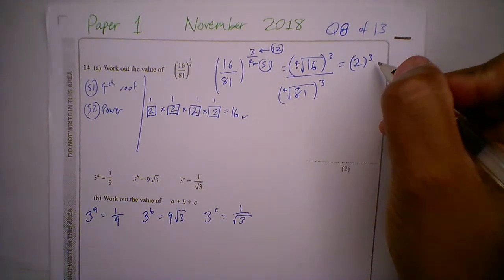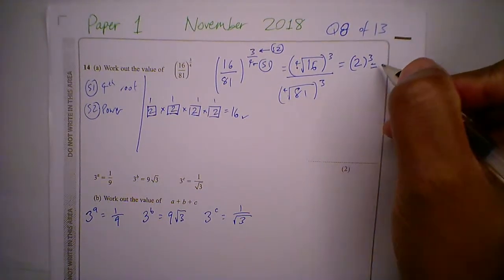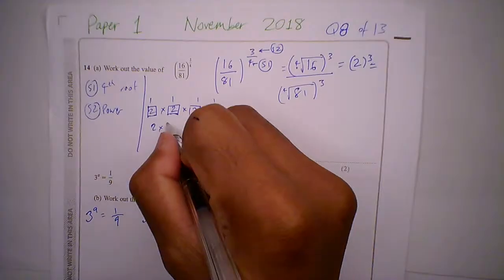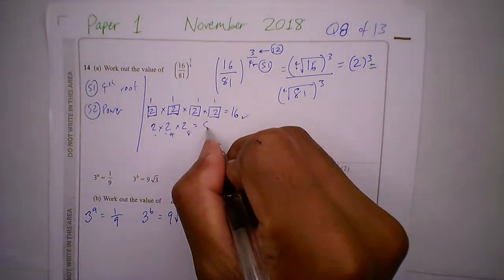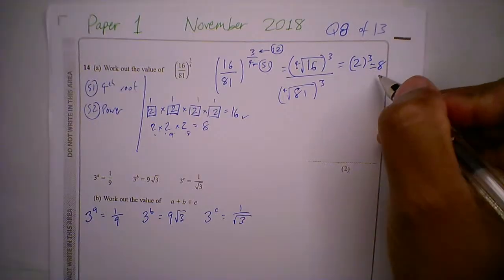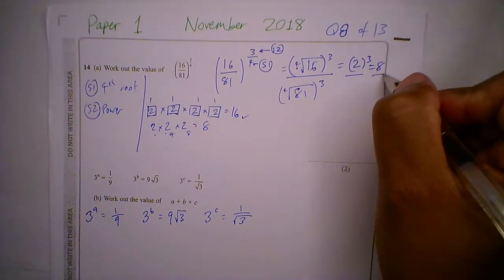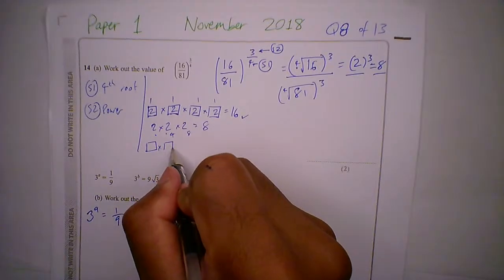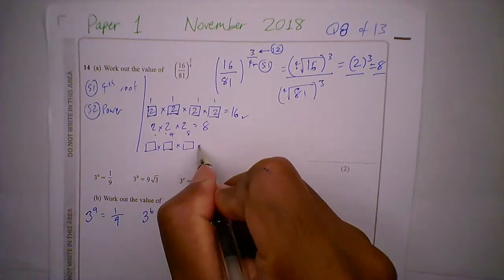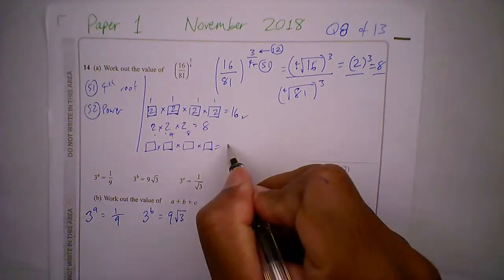And so now this one you can work out. 2 times 2 is 4, times 2 is 8. Over, what number multiplied by itself 4 times gives me 81?